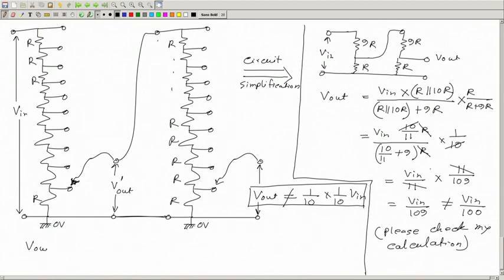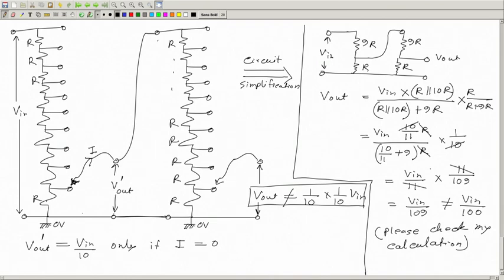So, V out prime will be equal to V in by 10 only if this current I is equal to 0. If there is a current, we call that a loading effect, then this relationship is not true. Once again, this potential divider rule is only true if no current is flowing out. That's very basic.